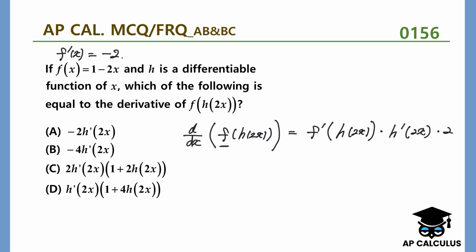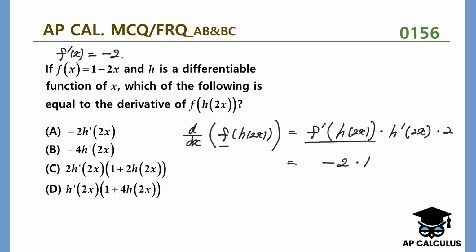This means for all values of x, f prime, the slope is always equal to negative 2, right? Then what is this value right here? For any value we have here, input, the slope is always equal to negative 2, right? So all of this value is negative 2.